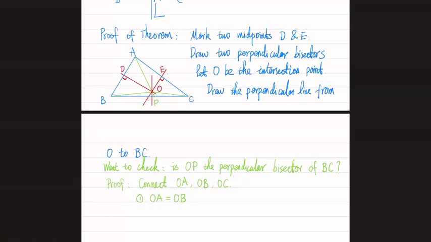Okay, I claim OA equals OB. Why? Amy, because of the concurrency. Wait, no, I didn't mean concurrency. No, they're not concurrent.